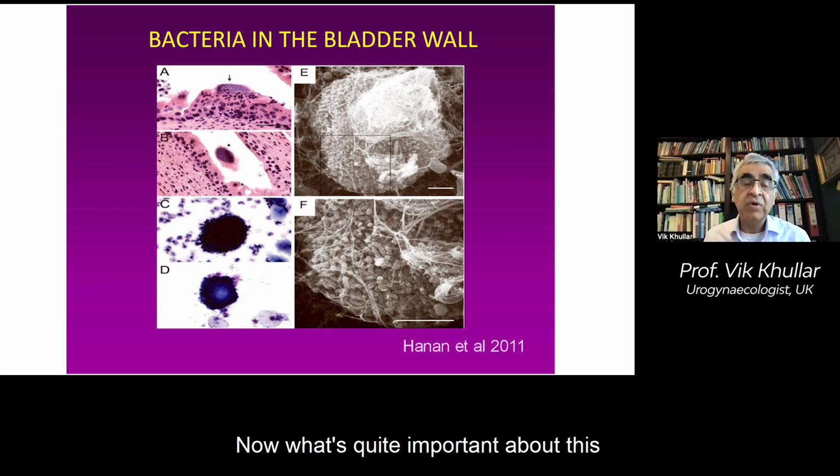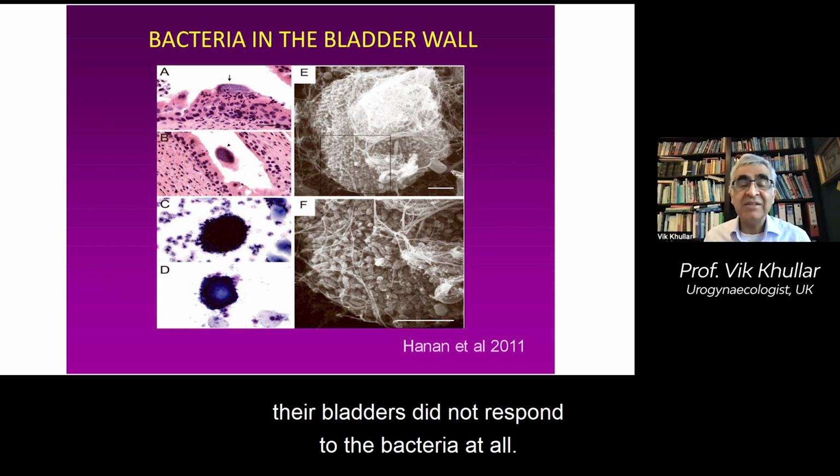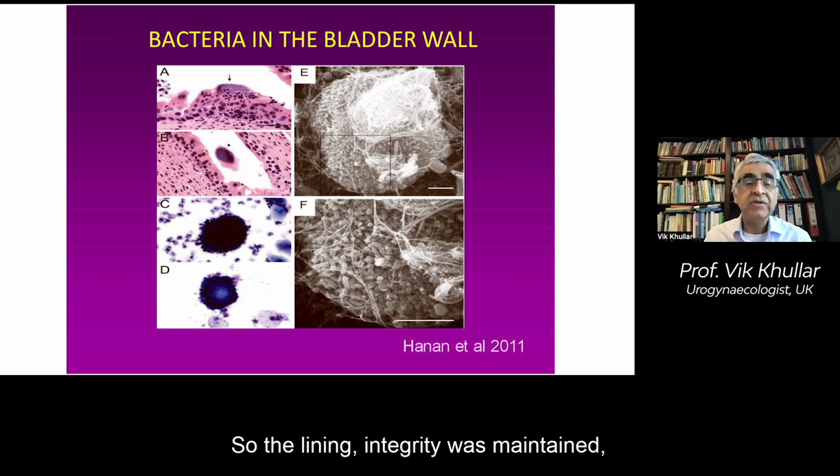Now, what's quite important about this is that you may remember I said only a third of the mice did this. Another third of the mice, their bladders did not respond to the bacteria at all. So the lining integrity was maintained.